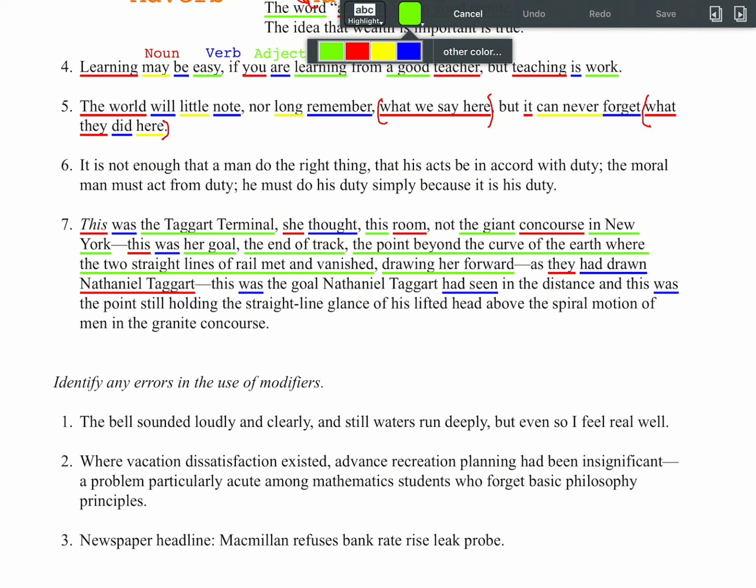Like for example, lines would then be a noun within that phrase. And then of rail is an adjective, even though rail itself would normally be a noun. We're using it as an adjective to tell us what type of line.